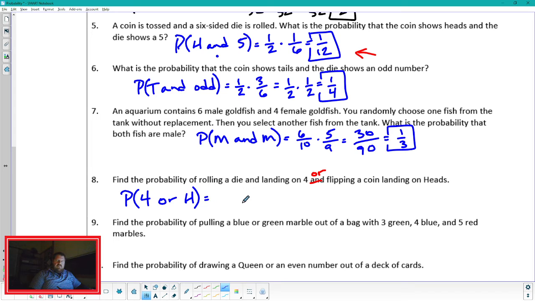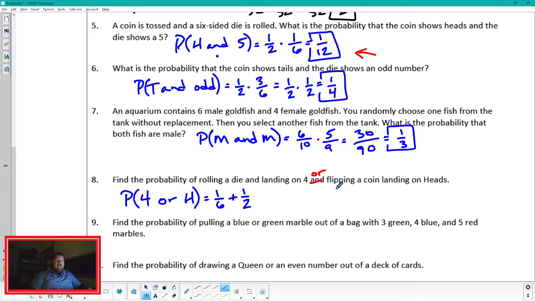That one's not overly obvious what it is. So I do know that I can take these and add them together. So the probability of getting a 4 is 1 out of 6. The probability of flipping heads is 1 out of 2.